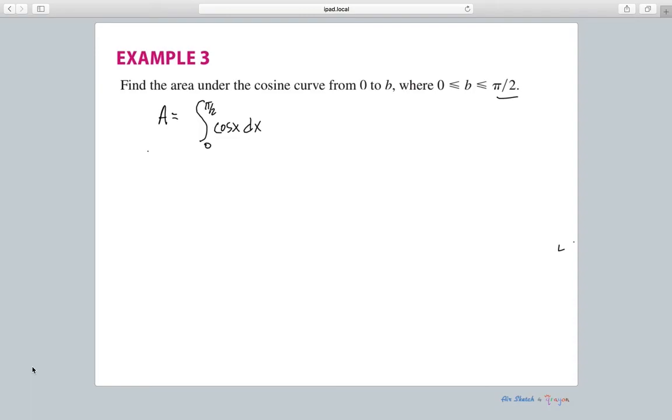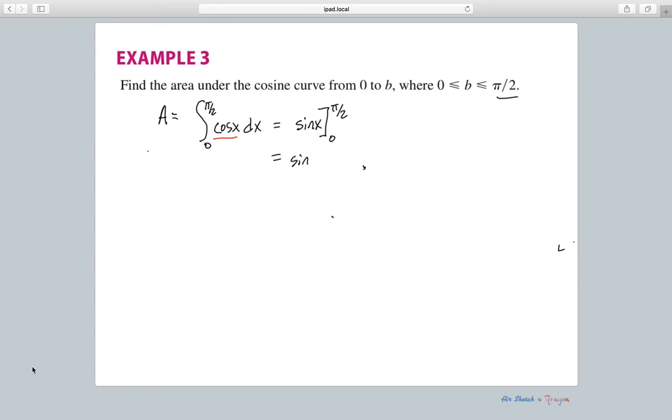You got to think about the antiderivative of cosine. Well, the derivative of sine is cosine, so the antiderivative of cosine is just sine. Again, because if I take the derivative here, the derivative of sine gives me cosine, which is what I want, right? And limits of integration, 0 to pi over 2.